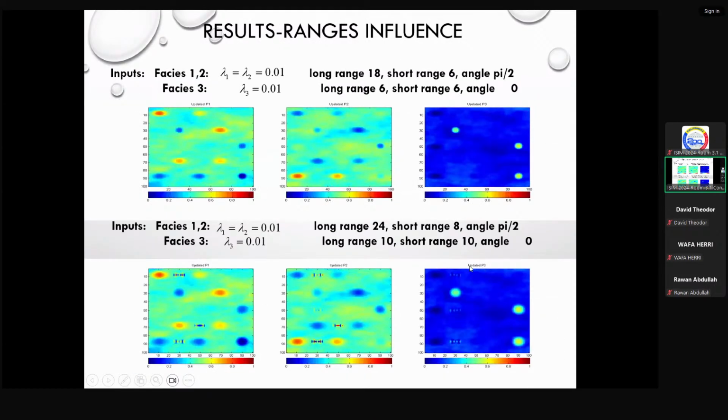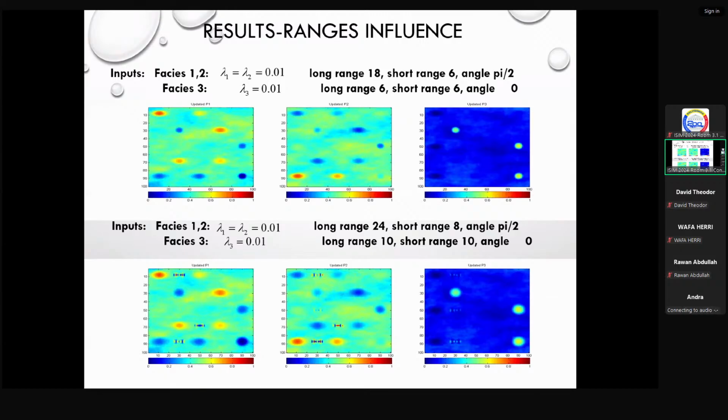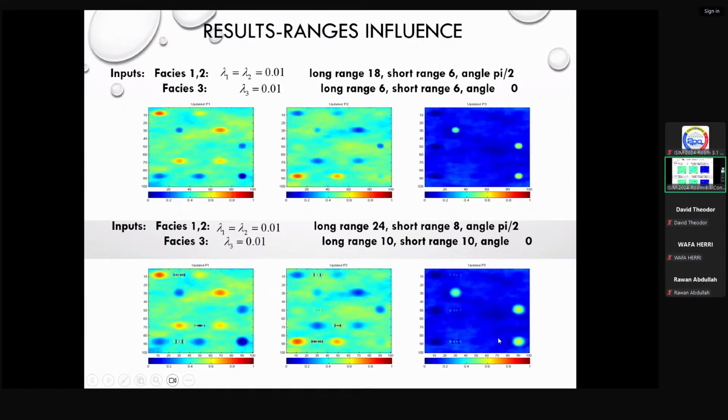Other results are influenced by the range, the range of influence, and the angle. If we change the range, we also obtain another value for every case.